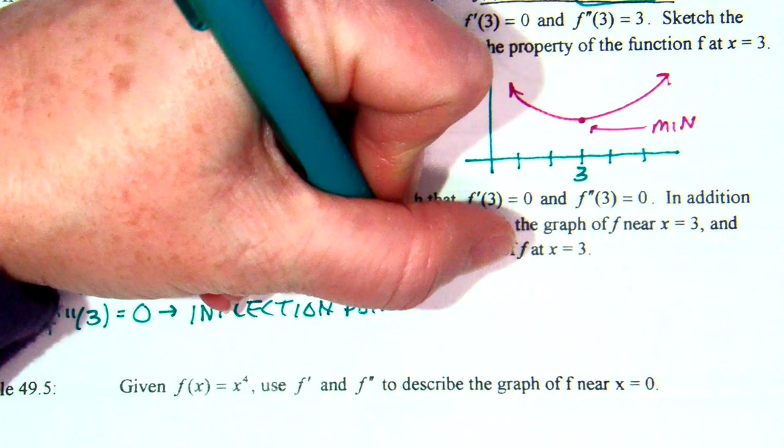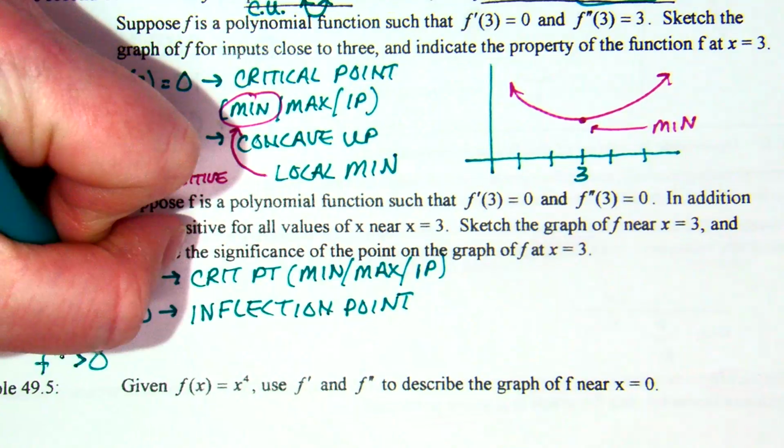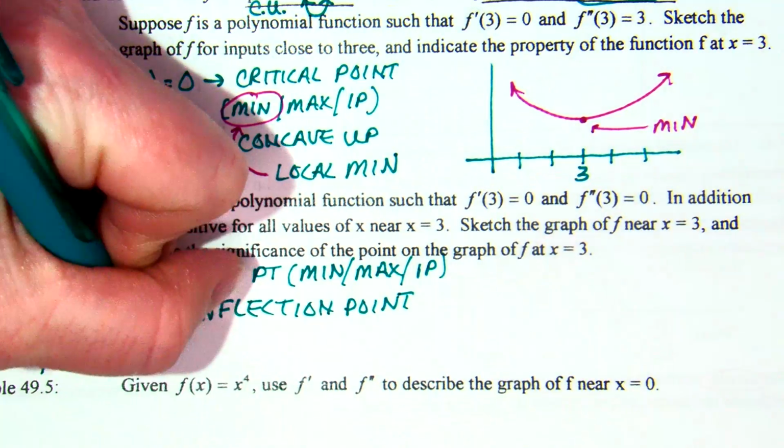Now, the other information they gave us, the first derivative is positive. And that is near x equals 3, correct? Yeah. So what does that tell me?